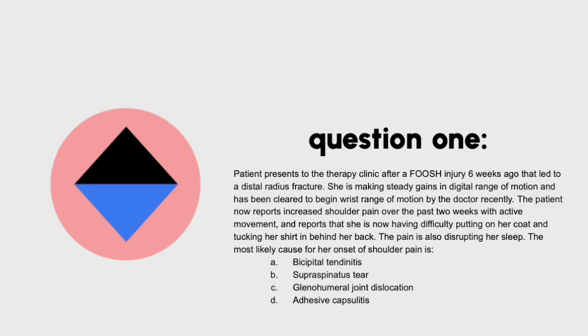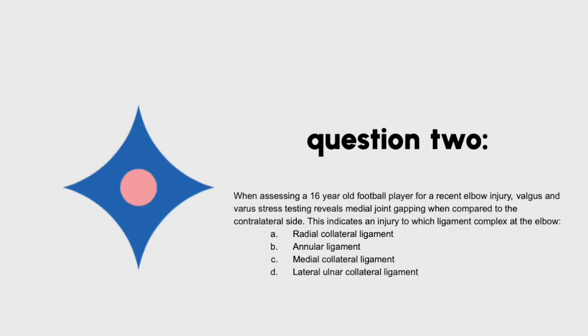The pain is also disrupting her sleep. The most likely cause for this onset of shoulder pain is A. Bicipital tendinitis, B. Supraspinatus tear, C. Glenohumeral joint dislocation, or D. Adhesive capsulitis.